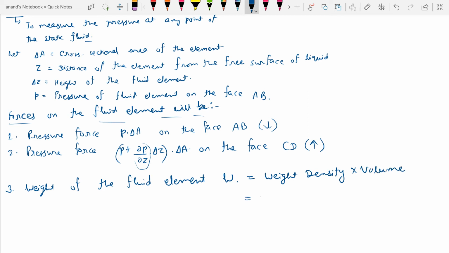Weight density will be rho into g, and volume will be cross sectional area into height. Here the cross sectional area is del A and height is del Z, so the weight of the fluid element will be rho g del A into del Z.